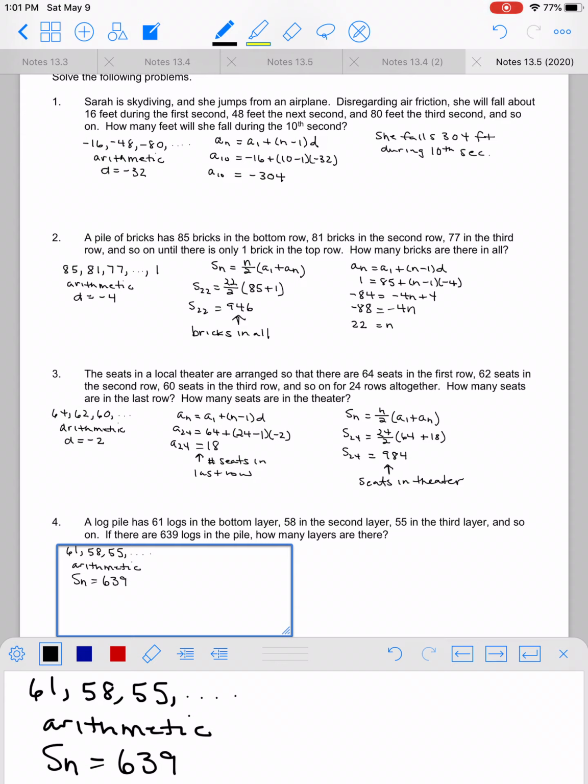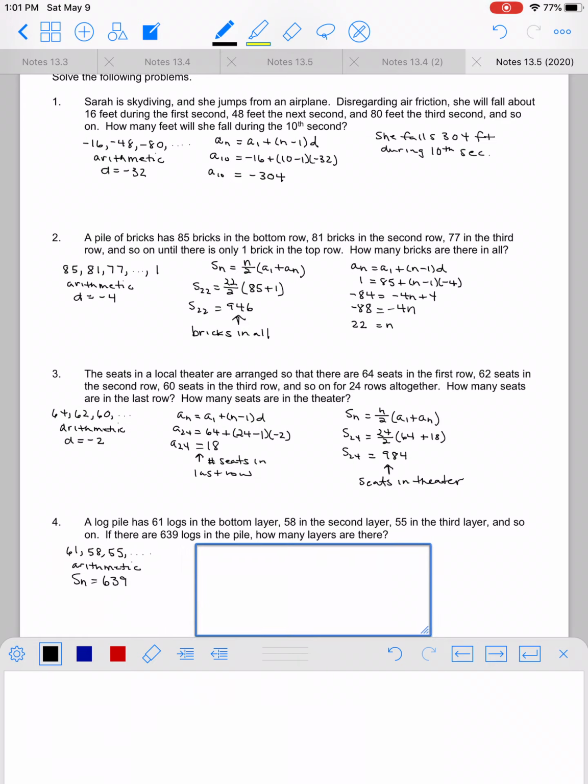Now the problem with this one is we don't know the last term, so we have to use an alternate formula. S sub n equals n over 2 times 2 times a sub 1 plus n minus 1 times d.